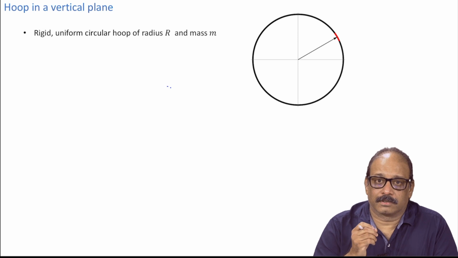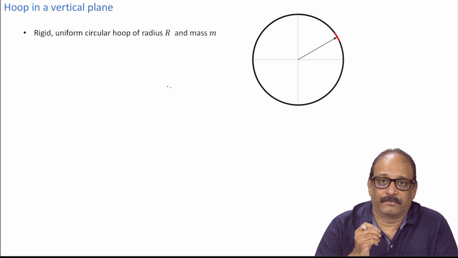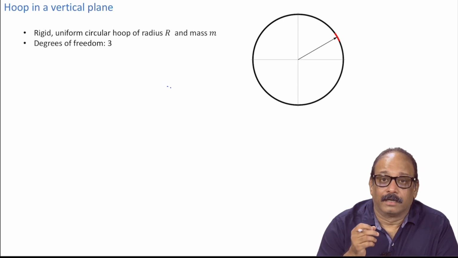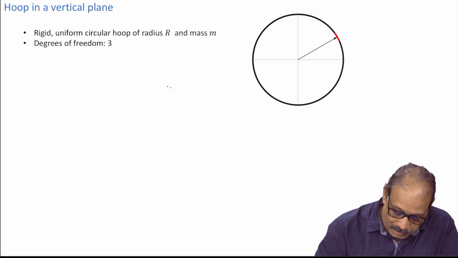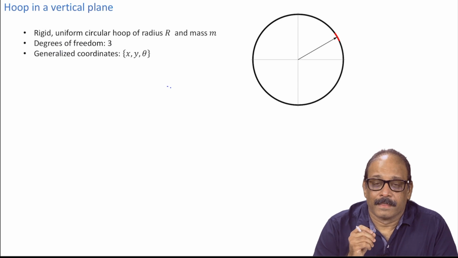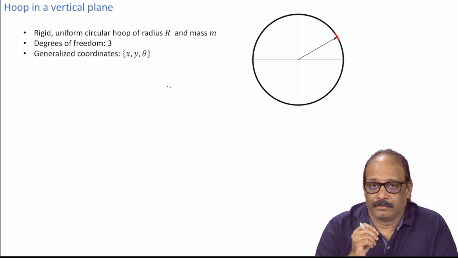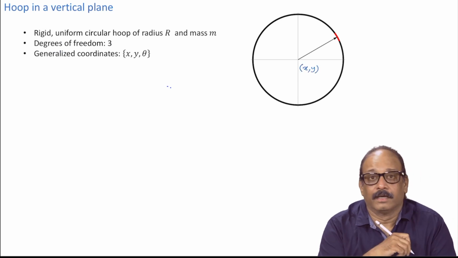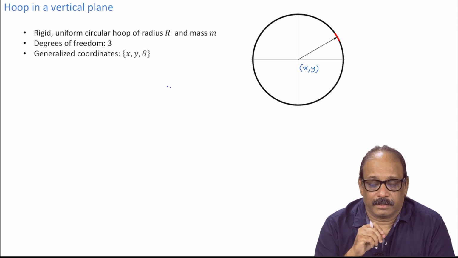So, the most common set of generalized coordinates that I would use is x, y and theta, where x and y would be the coordinates of the center of the hoop.